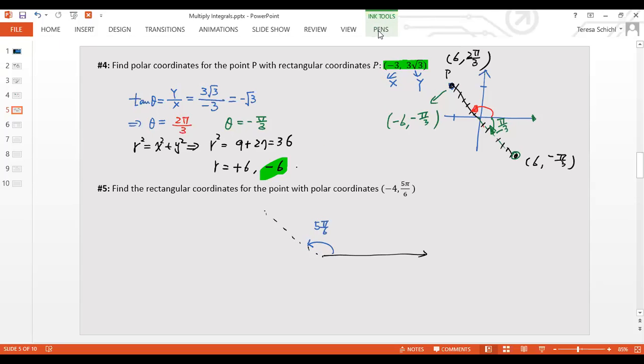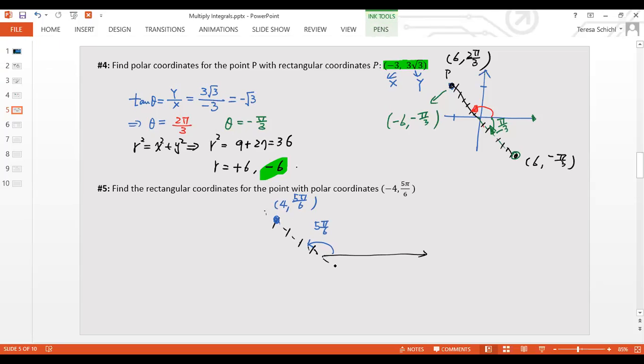And now, this point here, this is 1, 2, 3, 4. So this point is going to be 4, 5 pi over 6, right? But it says negative, so what does that mean?